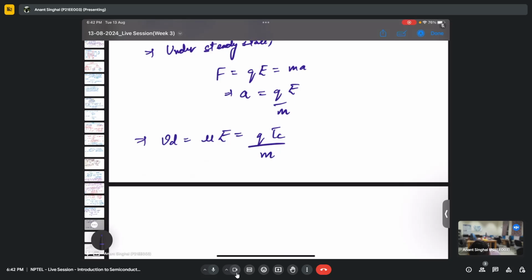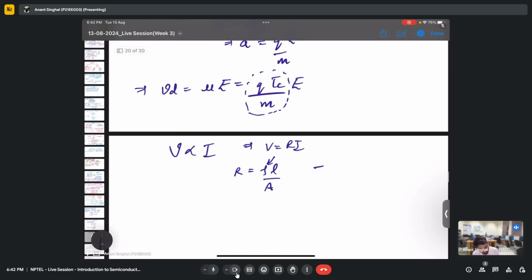We already have this Vd as mu E, which, if you go deeper, comes out to be Q tau C by M. So this mobility is this particular term. If you go to the theoretical lectures, we already have this solved. So we know that according to Ohm's law, the voltage is directly proportional to I, or I can say V equals IR, where R is rho L by A, where rho is the resistivity, L is the length of the bar, and A is the cross-sectional area.